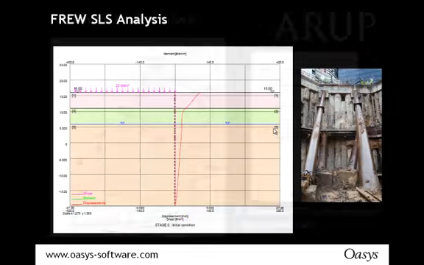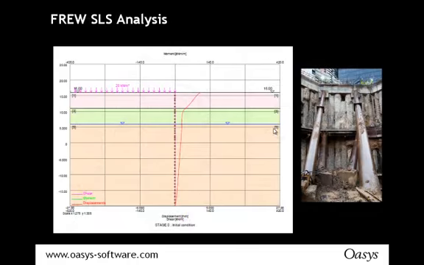So now within through, I think it'll be very interesting for you to see how the analysis was done within the FRU and the kind of results that you're getting. So I've just chosen this one specific section here, and it's looking at the SLS analysis.